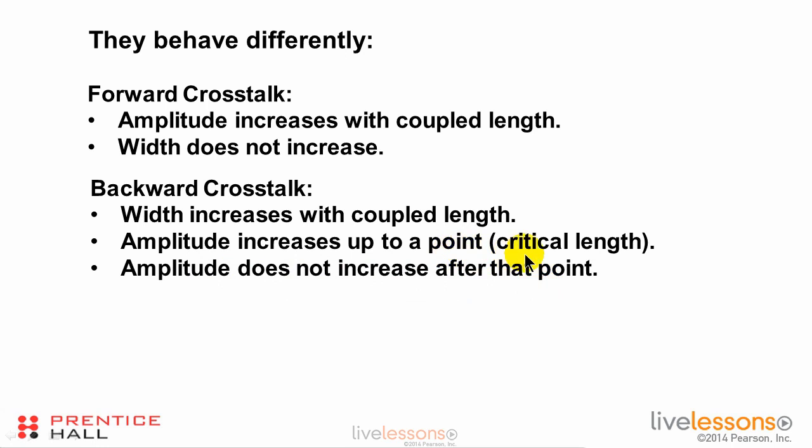And that point we call the critical length. The amplitude of the backward crosstalk signal increases up to a point. That's the critical length. Beyond the critical length, it doesn't increase any farther. And it is the same critical length that we talked about when we talked about reflections and transmission lines and controlled impedance traces. It's the same critical length.